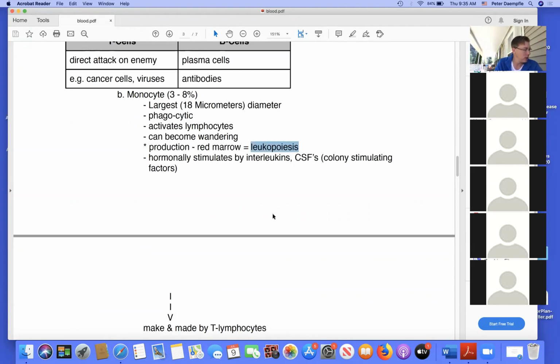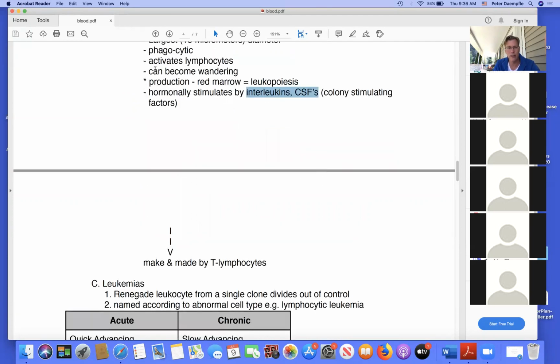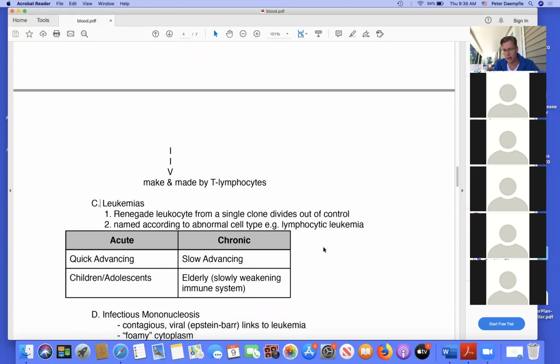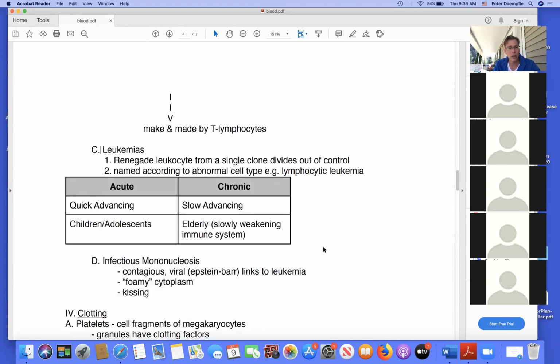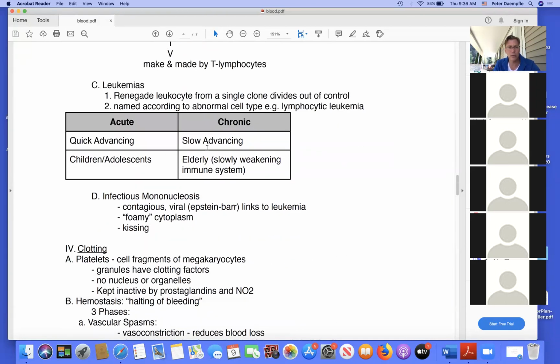Figure 13.4 shows leukopoiesis. A lot of things stimulate the production of white blood cells, interleukins, CSFs, colony stimulating factors. I don't want to get too crazy. This part you don't have to really know too much right now, but I want you to think about the fact that hormones and chemicals control the production of white blood cells, mainly monocytes. Just in terms of disease, leukemia is a cancer of a white blood cell.